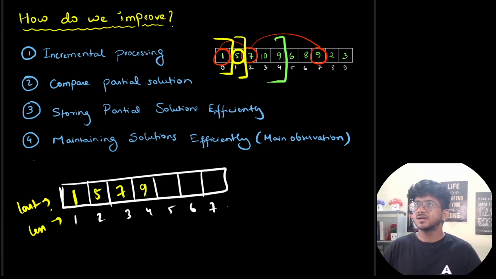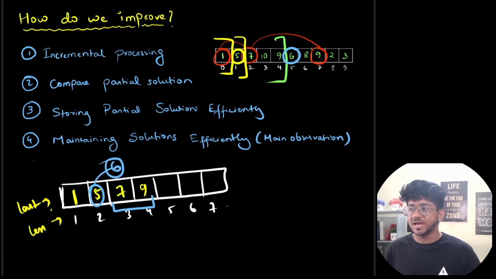Next is 6. We can see that 6 cannot extend anything in this direction, for the lengths 3 and 4, but we have a 5 which we can extend by a 6. We can have a 1 which we can extend by a 6, but everything on this side we cannot extend. So is it wise to extend just 1 with a 6, or 1, 5 with a 6?